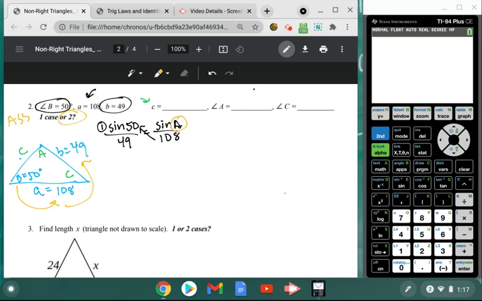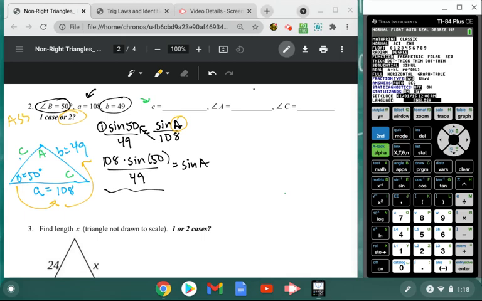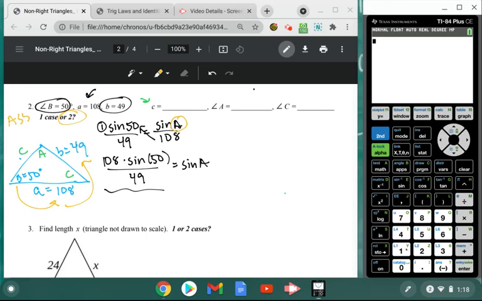Working through the math, I end up with 108 times the sine of 50, all divided by 49, equal to the sine of A. Let me calculate this first. Make sure you're in degrees, and I am. So I type in 108 times the sine of 50 divided by 49.